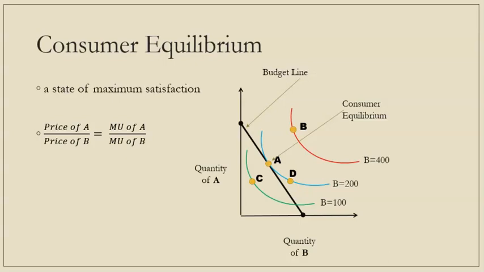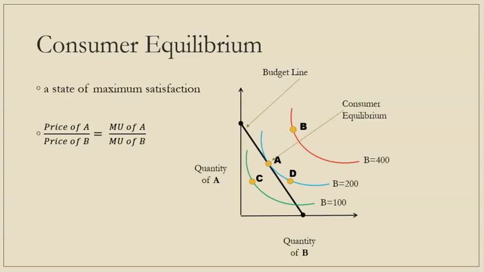And at point C, this would be a point where we are not getting our maximum satisfaction because we are not spending all of our budgeted money on goods.